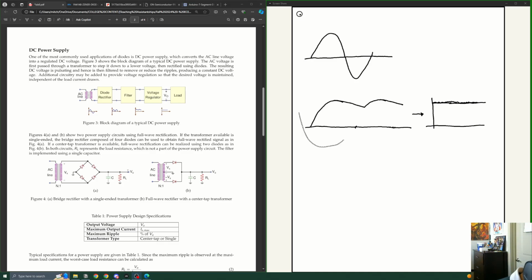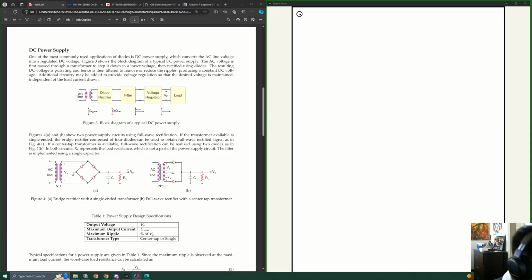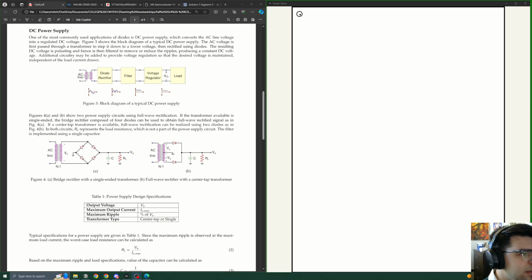The main idea is that we have the two conduction phases. The input AC goes high and it goes low. Whenever it goes high, the current is allowed to flow through here into our load, into ground, and then back through the ground to the AC transformer.